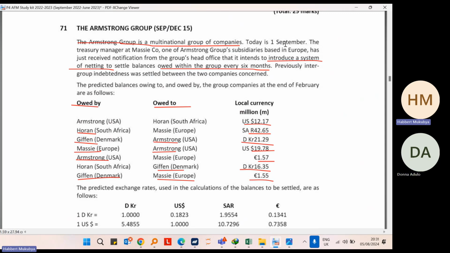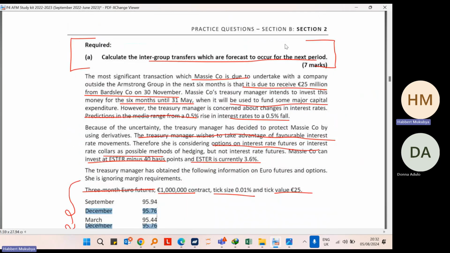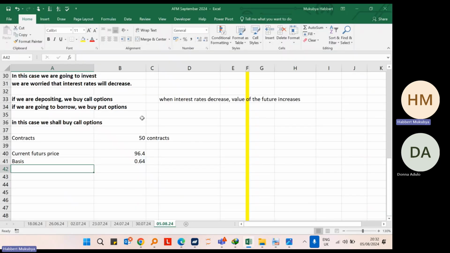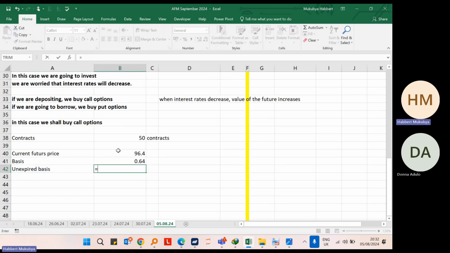So there are 4 months between now and the December expiry. And we shall have left 1 month there because we are receiving on November 30th. So the unexpired basis is going to be 1 out of 4 multiplied by 0.64.